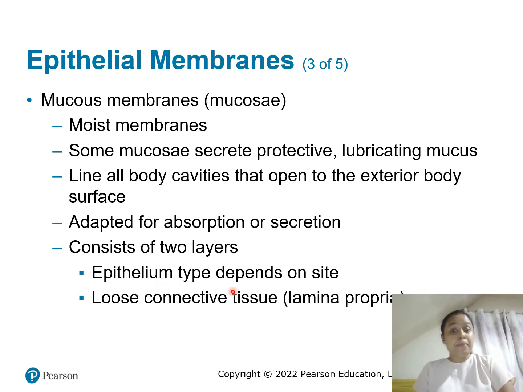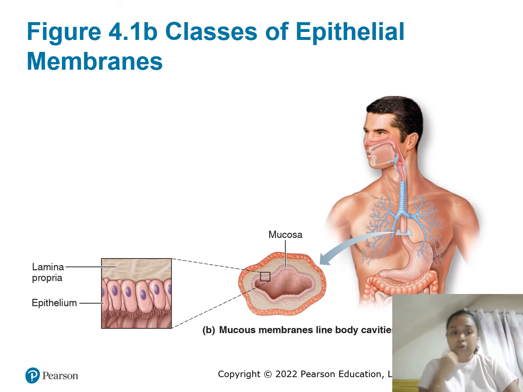The epithelial type would depend on where it is on your body, and it has a loose connective tissue compared to your skin. Your skin has dense connective tissue. Your mucous membranes have loose connective tissue, which we call the lamina propria. This is your mucosa or your mucous membrane. The connective tissue on it is your lamina propria, the deeper part, and then the epithelium that lines it.